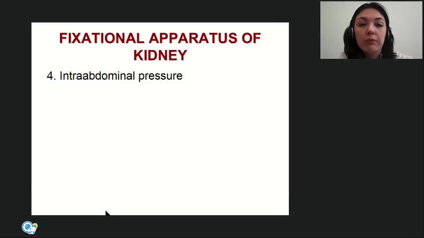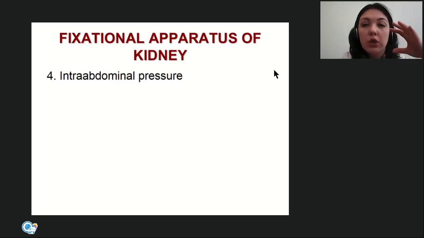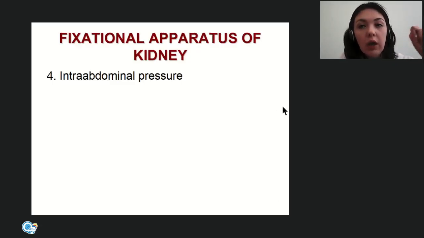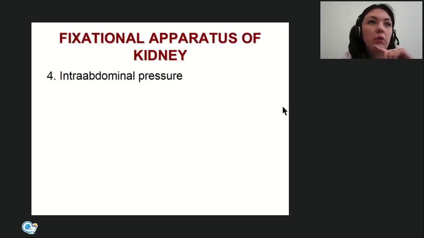And the fourth component of fixation apparatus of kidney is intra-abdominal pressure. The higher this pressure is, the more immobile kidneys are. Also, in patients with a decrease of intra-abdominal pressure, for example, after a pathology that was accompanied by increased intra-abdominal pressure, if the pressure got decreased, it also can contribute to the descent of the kidney.